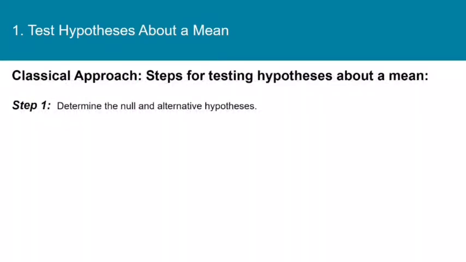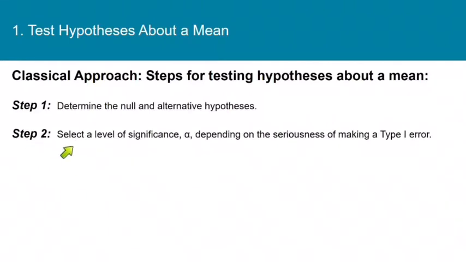So now I'm going to give you the steps for conducting a hypothesis test about a mean using the classical approach. Step 1 is to determine the null and alternative hypotheses. We already looked at how to do that back in section 10.1. Step 2 is to select a level of significance, which we call alpha, and we do that depending on the seriousness of making a type 1 error.